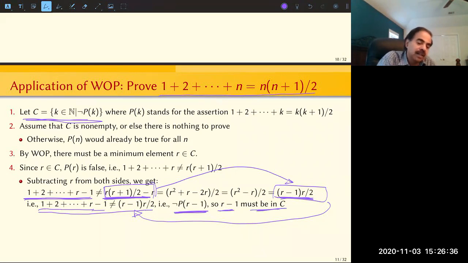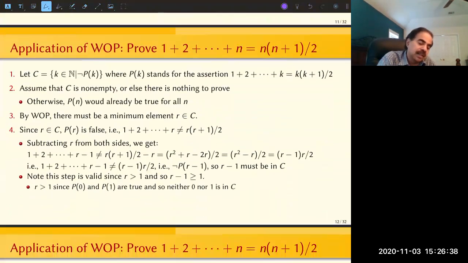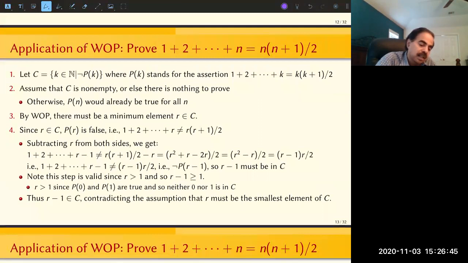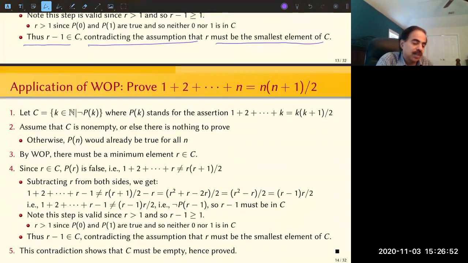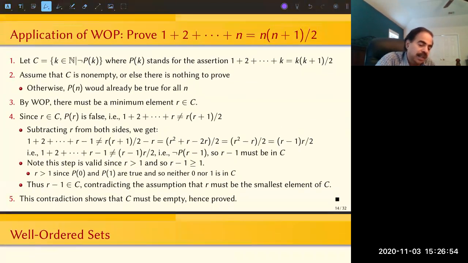Okay, but then this contradicts the assumption that R is the smallest element of C. So this contradiction shows that C must be empty.